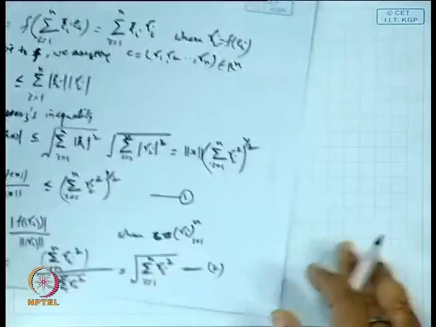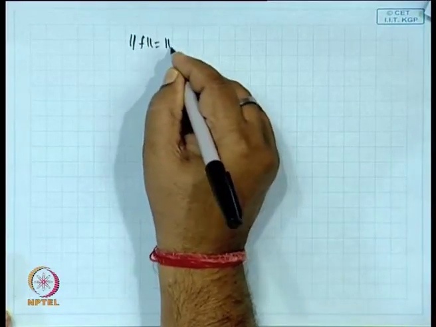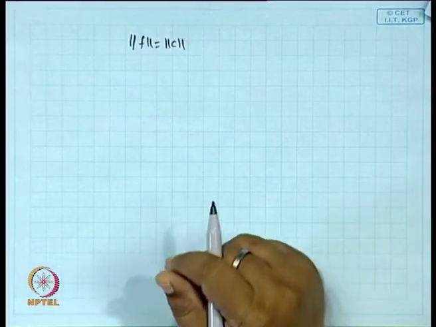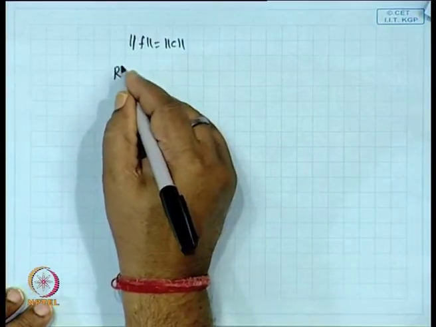So now what we get from here is norm f equal to norm C. Now let us combine this. We have started with the R n dual.